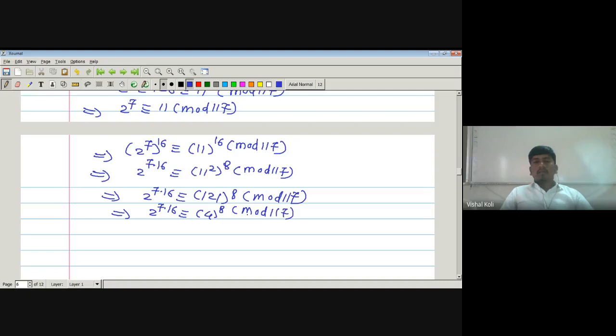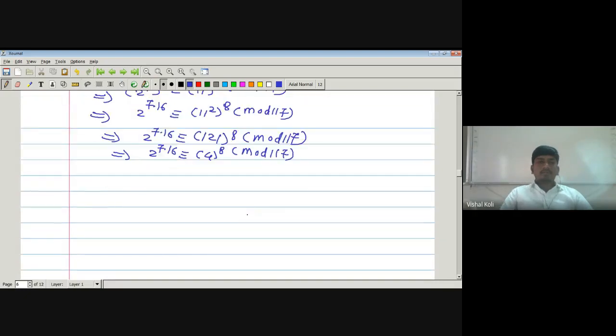But this is nothing but 2 squared into 2 to the power 8, which is 2 to the power 16 modulo 117. Take this as equation 1.